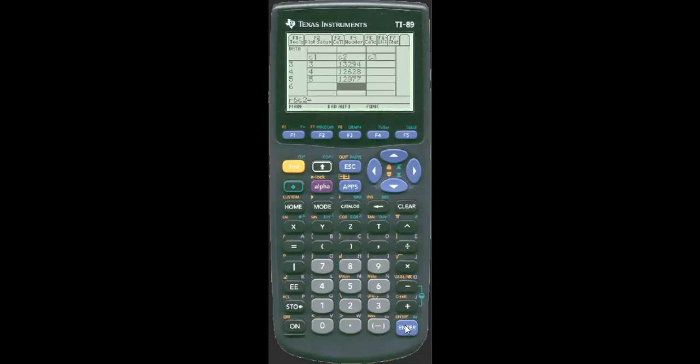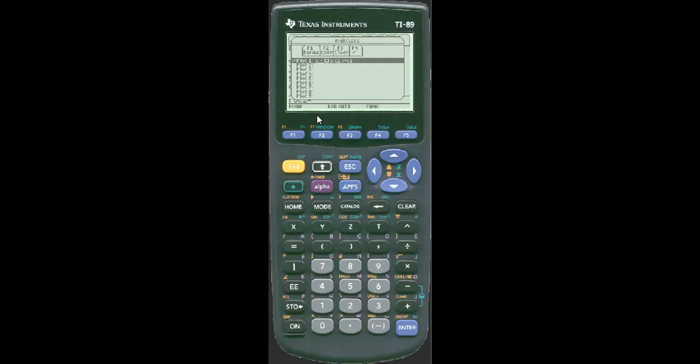Press enter to close this window and for plot setup press F2, then F1 to define the plot. Scatter, box. Box is fine. X is C1, Y is C2. Everything is okay. You don't have to change the other things. Enter.